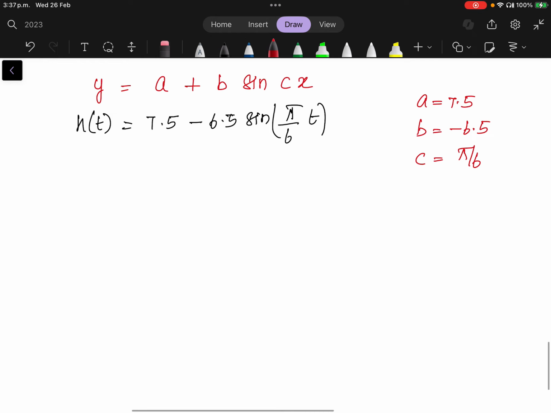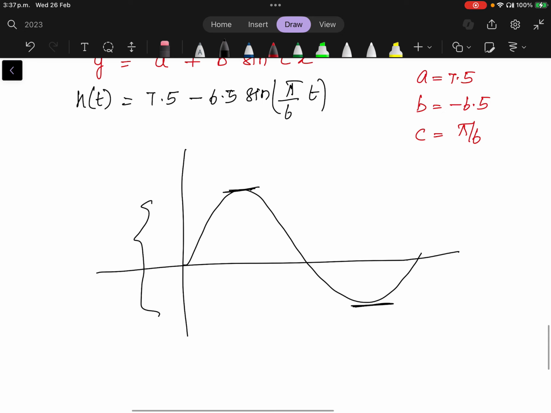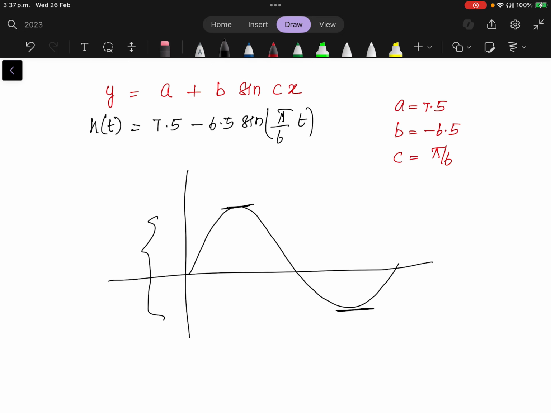Now in this question they have asked to find the difference between the highest and the lowest water mark. So what does that mean? Let me just show you in an example. This is a sine curve and they're asking the difference between the highest and the lowest. So this is the range they want, or rather the length of the range.